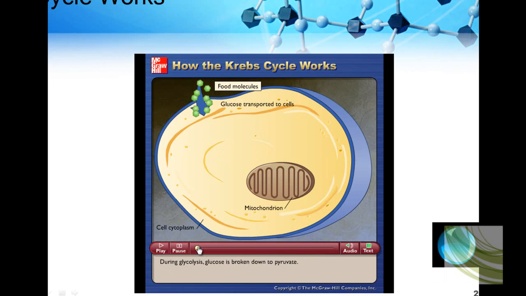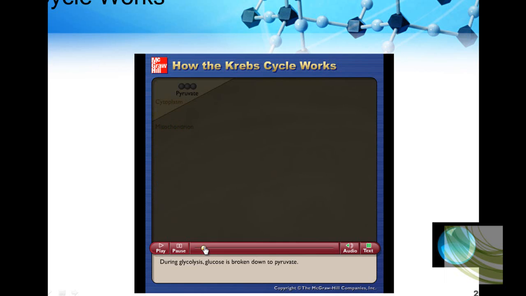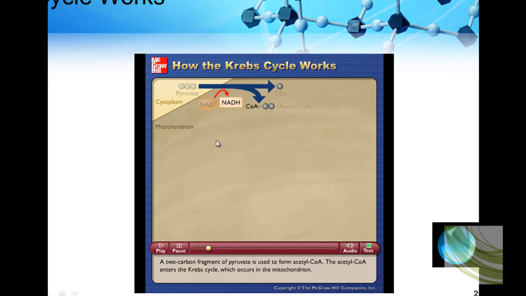Okay, so there's food molecules, comes into the cell, goes through glycolysis. The pyruvate is generated in glycolysis, and it gets oxidized, and bingo, here's our prep reaction. Pyruvic acid to our acetyl coenzyme A, and we generate some carbon dioxide there, and we'll make an NADH molecule.